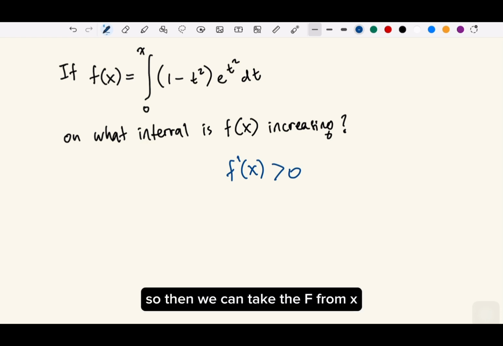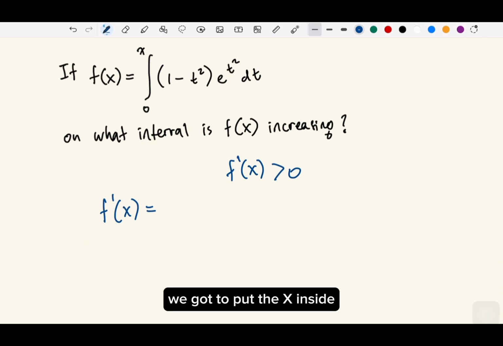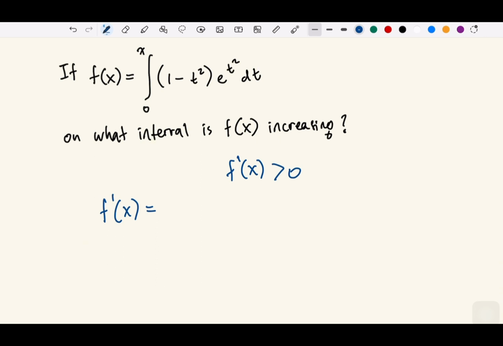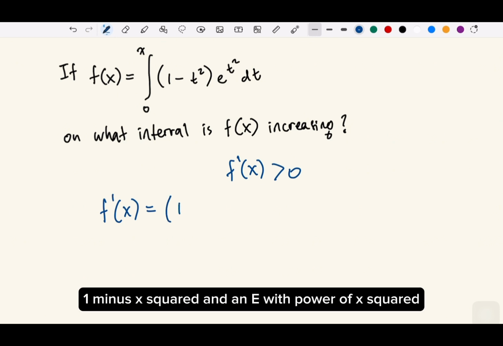So then we can take the f prime x from the function, and because this is just from 0 to x, we can input the x inside the integrations, which is going to be 1 minus x squared, and then e with power of x squared.